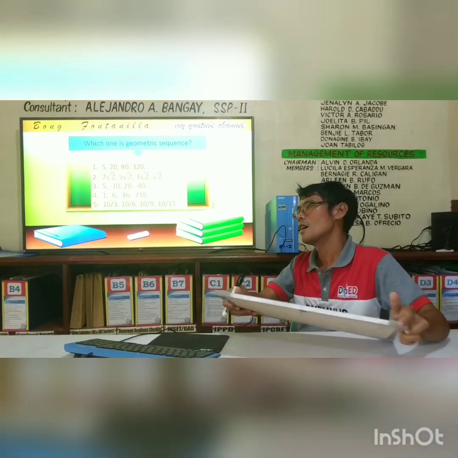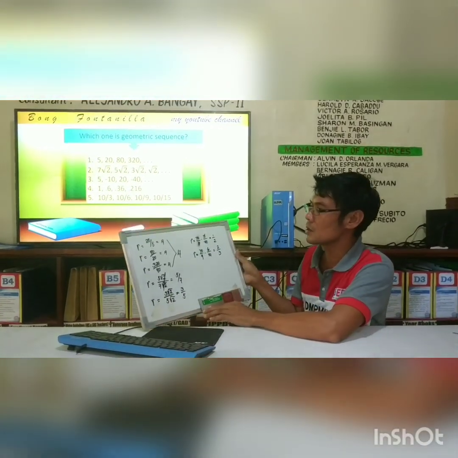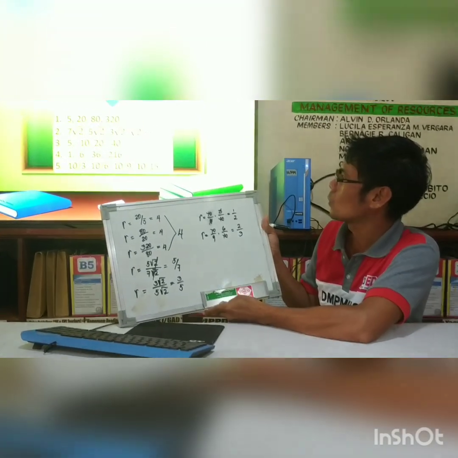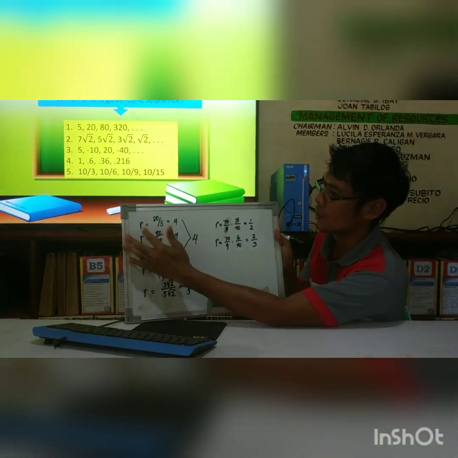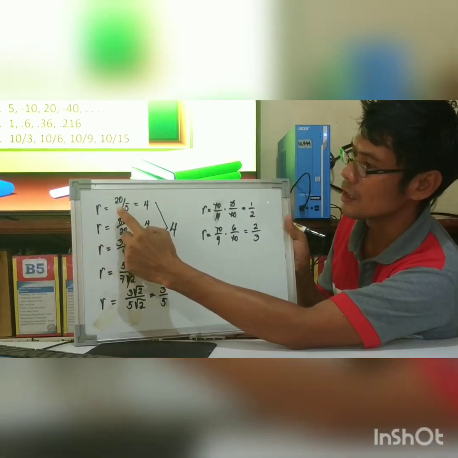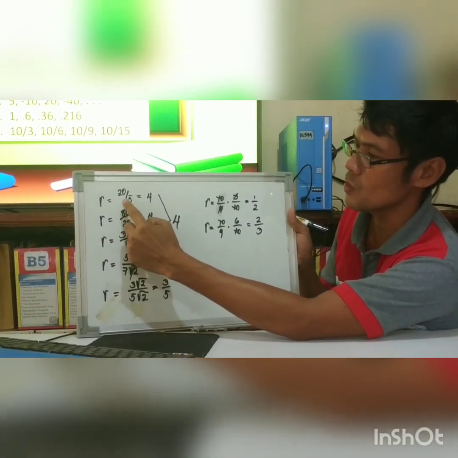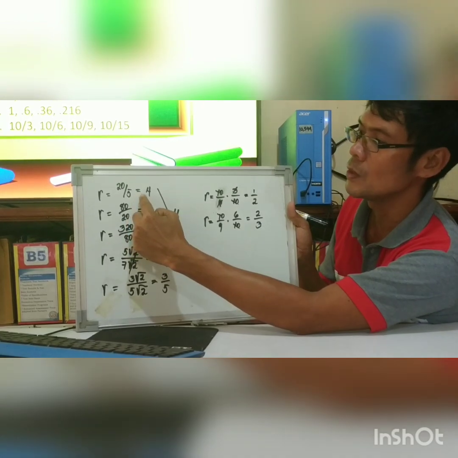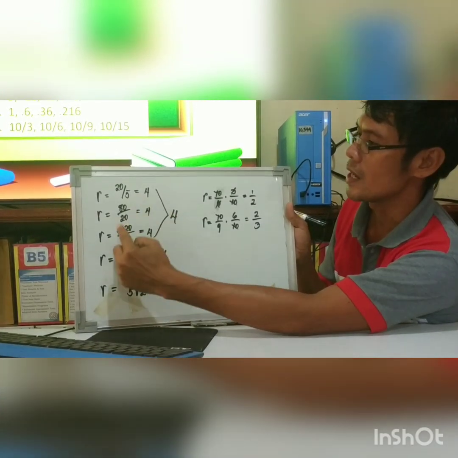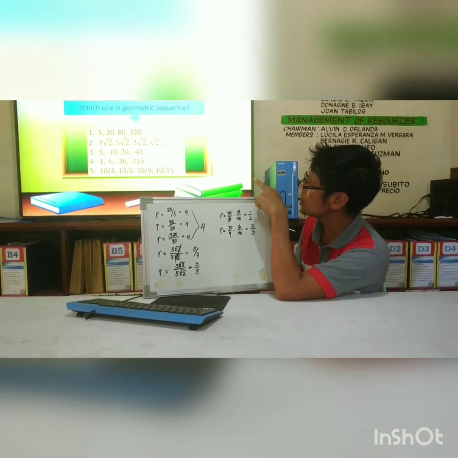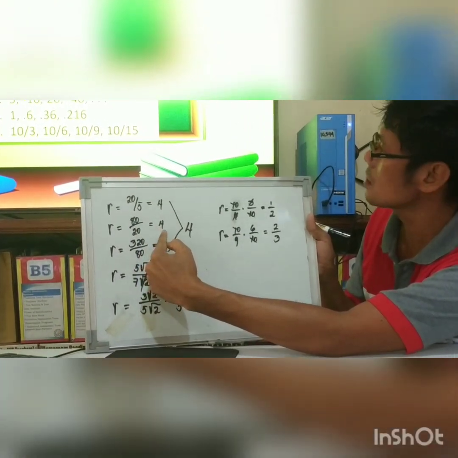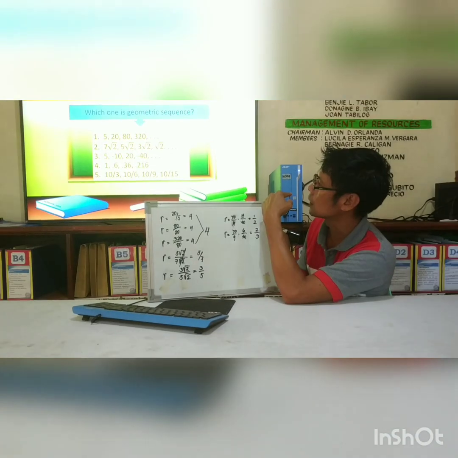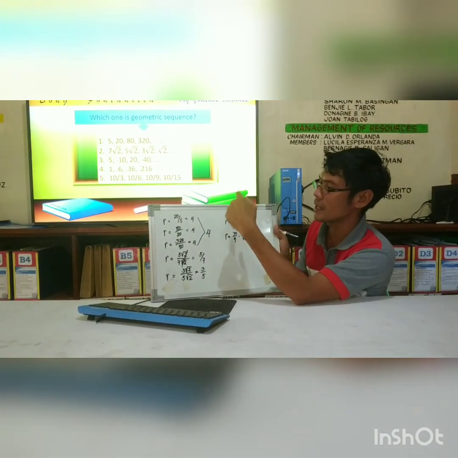So first, let's try to get the quotient between 20 and 5. So the ratio between 20 and 5, that is 20 divided by 5, you will get 4. Then we have also 80 by 20. So 80 divided by 20 is still 4. Then we have 320 by 80.